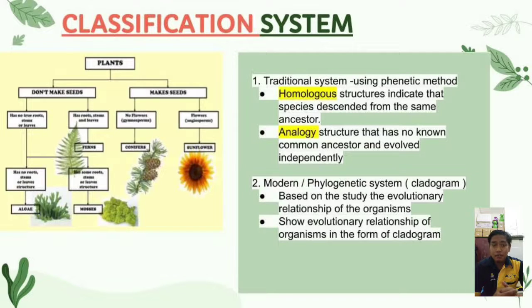The next one is the modern, or phylogenetic, system, in which the cladogram phylogenetic classification is based on the study of the evolutionary relationship of organisms. The phylogenetic system shows the evolutionary relationship of organisms in the form of a cladogram.